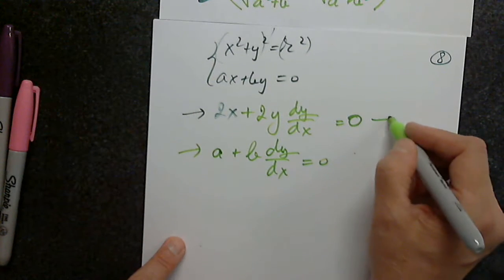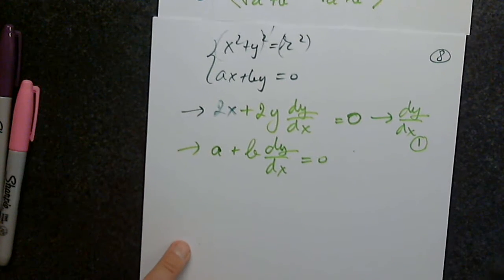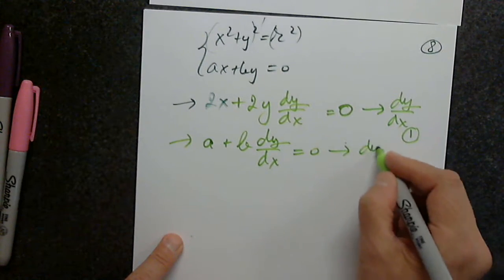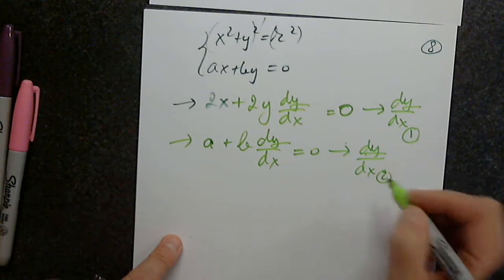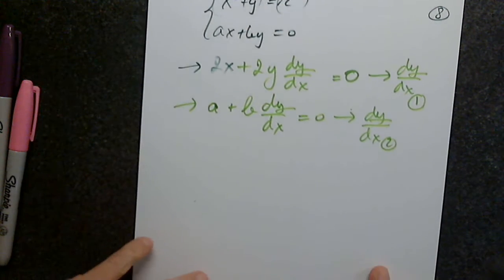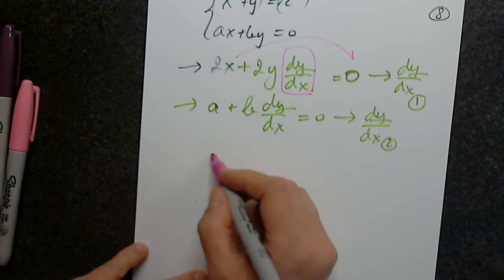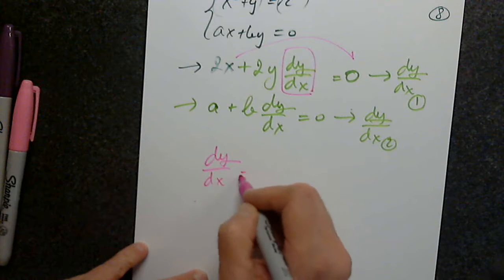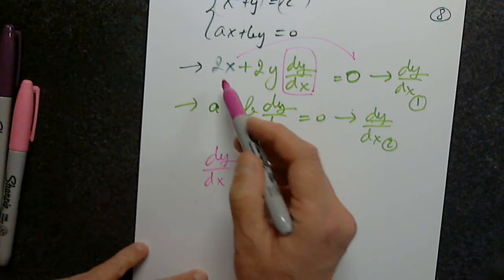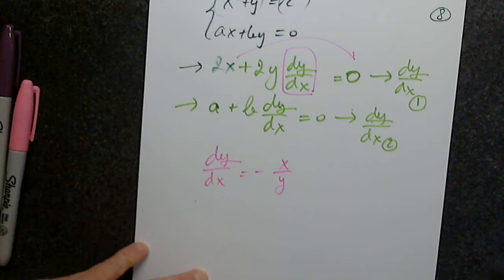I'm going to call this dy over dx number 1, and I'm going to call this one dy over dx number 2, because they come from two different equations. They can't be the same. Maybe they can, but I still have to differentiate between the two. So when we solve for this, I get dy over dx equals negative x over y, because I have negative 2x over 2y, and I get negative x over y.